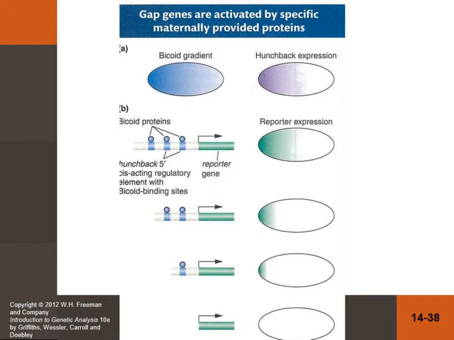But what they've done is remove the gene itself and replace it with a reporter gene. That reporter gene enables you to visualize where the original gene would normally be expressed, because that expression is still being driven by the regulatory bicoid proteins.